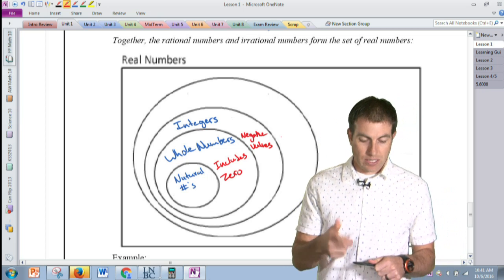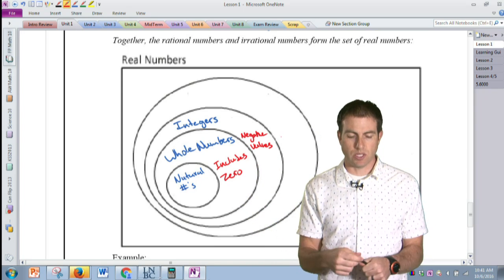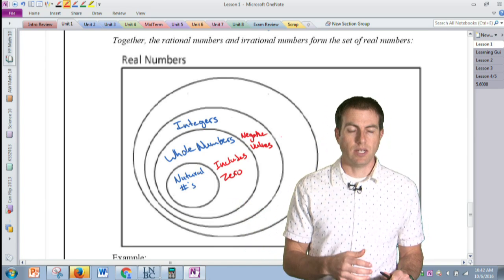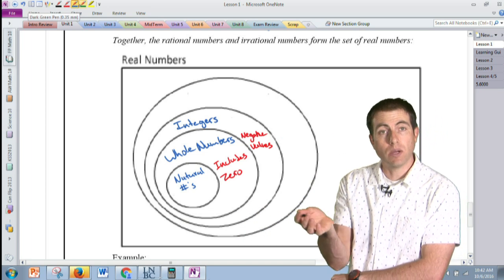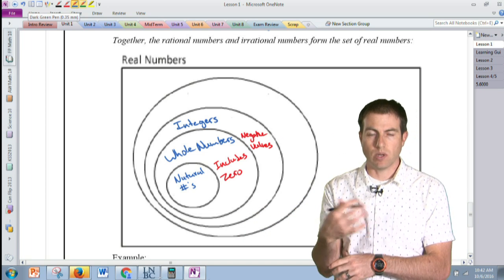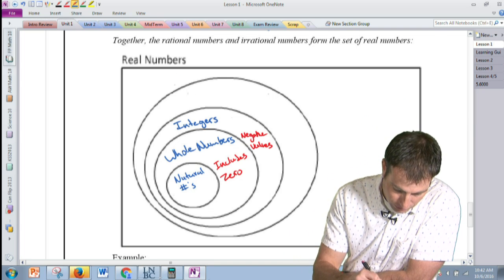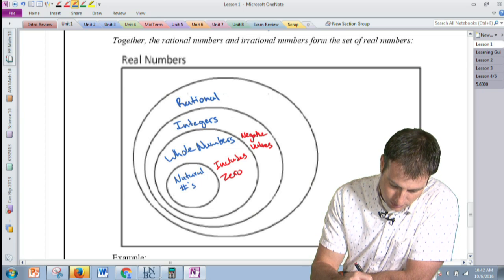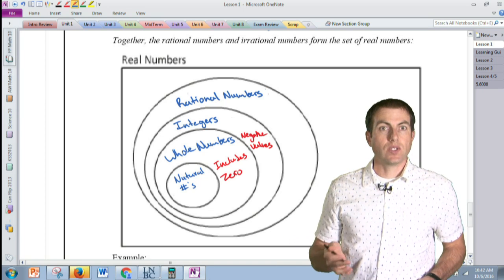All right, so natural numbers are the ones we count with. Then we take the next step out to whole numbers, which just includes 0. Then we get to integers. Up to this point, we haven't talked about decimal values yet. Integers are whole numbers that are either positive or negative. That's why we have a special classification, because we include the negatives. If we go a little further out, we call these rational numbers, and rational numbers include things that aren't integers.